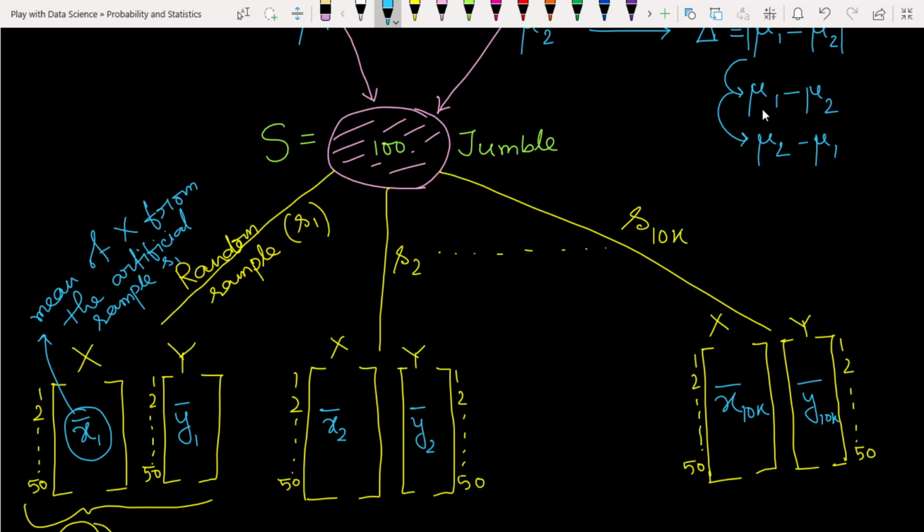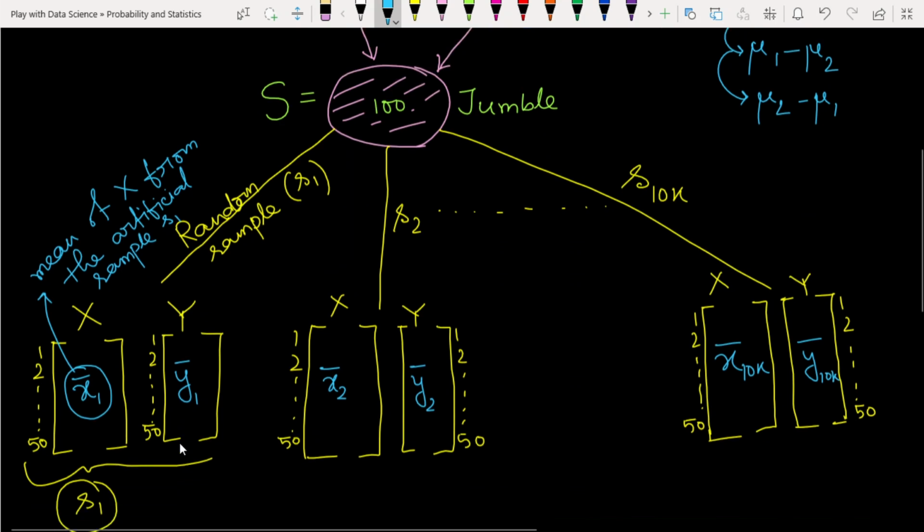If we use mu1 minus mu2, here we will use x1 bar minus y1 bar. If you use mu2 minus mu1, here we will use y1 bar minus x1 bar.